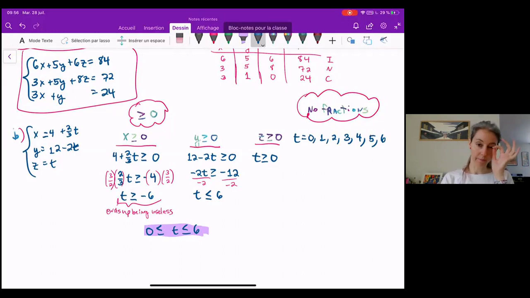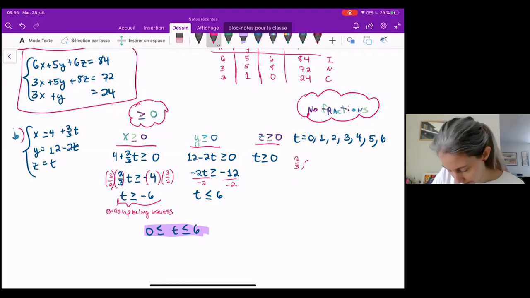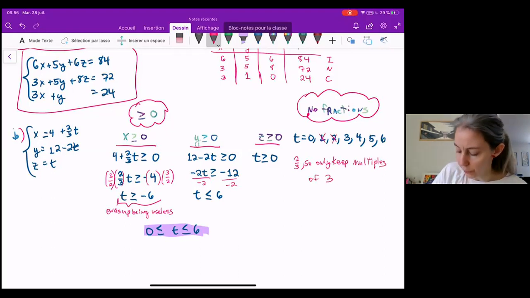You got it, Parth. Good job, Daniel. So that 2/3 over there tells me that I can only keep multiples of 3. So I'm going to get rid of 1, I'm going to get rid of 2, I'm going to get rid of 4, I'm going to get rid of 5.